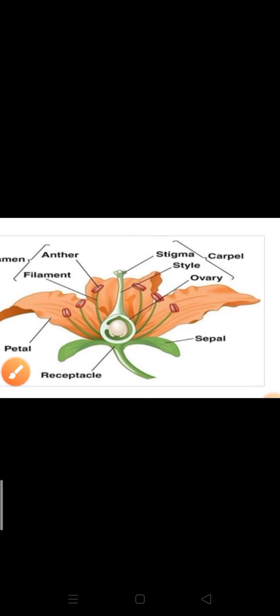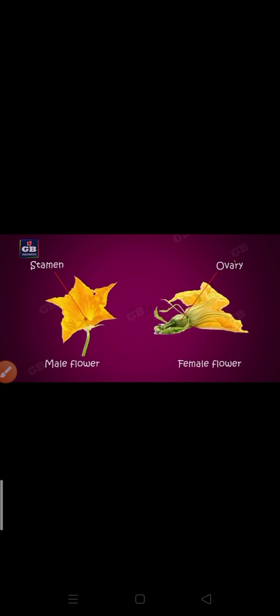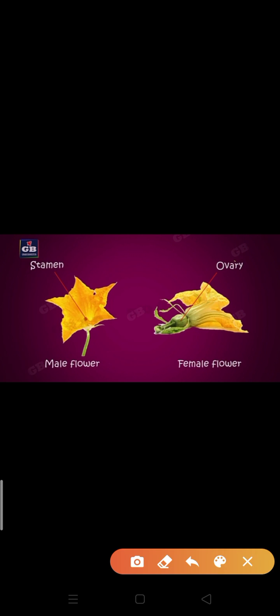The flower which contains only one sex, either male or female, is different. Suppose I tell you about this picture: it is the case of papaya, cucumber, or pumpkin. In the case of pumpkin, you can observe that the male and female parts are in different flowers. Clear?